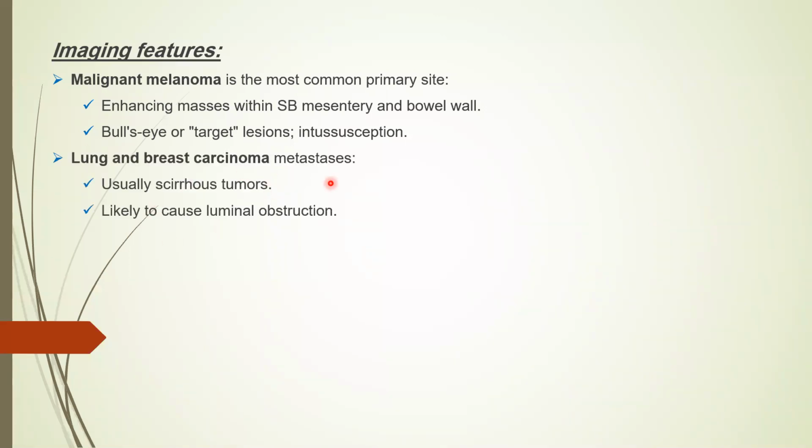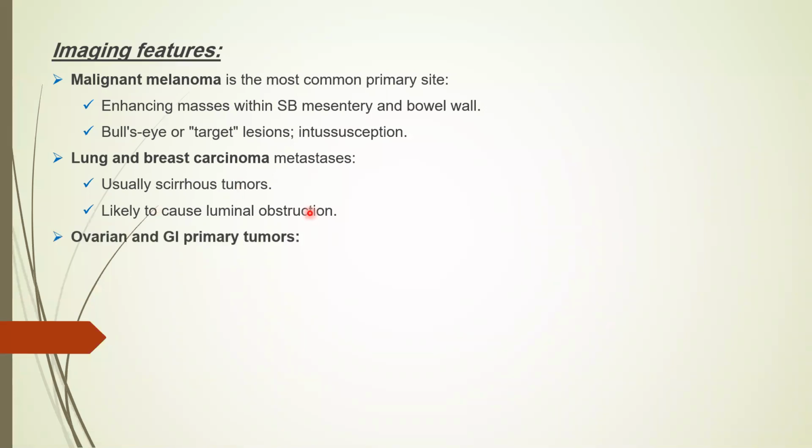Lung and breast carcinoma usually present as scirrhous tumors, which means they exert a fibrotic reaction and may cause luminal obstruction.